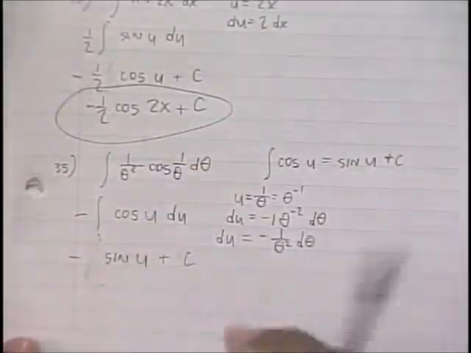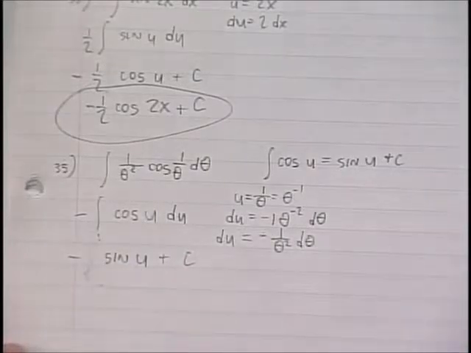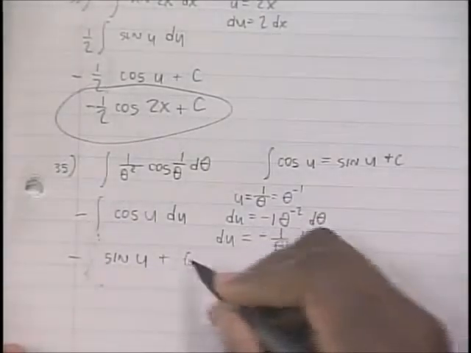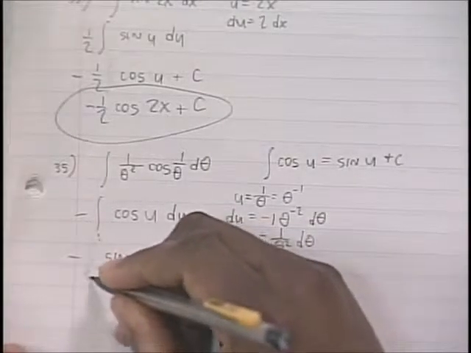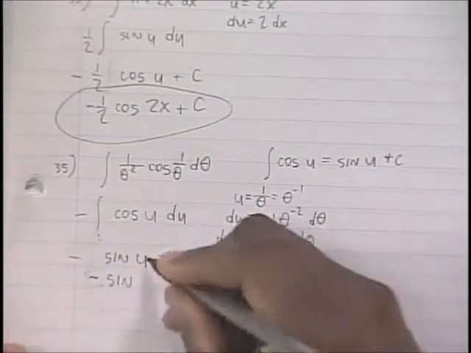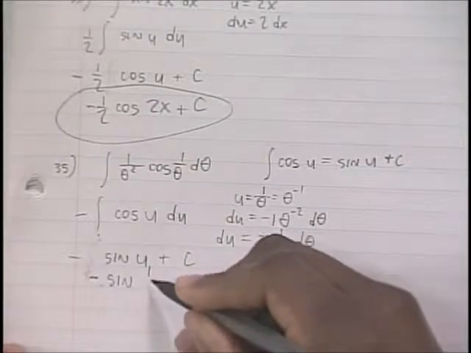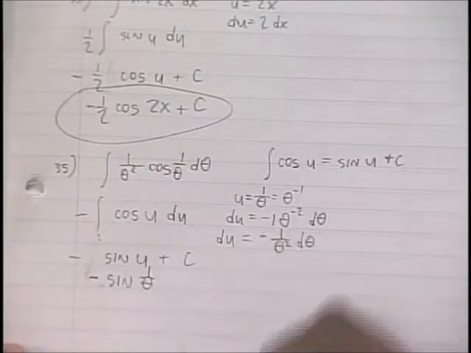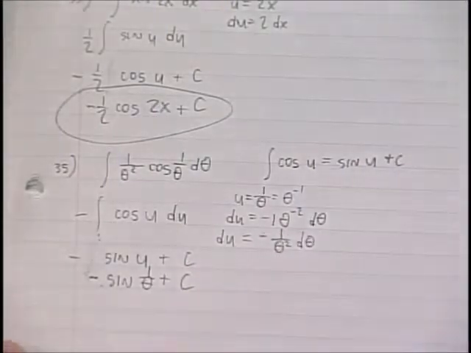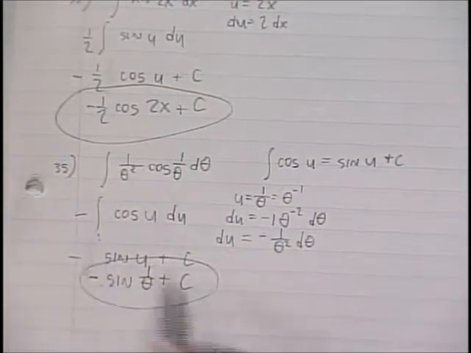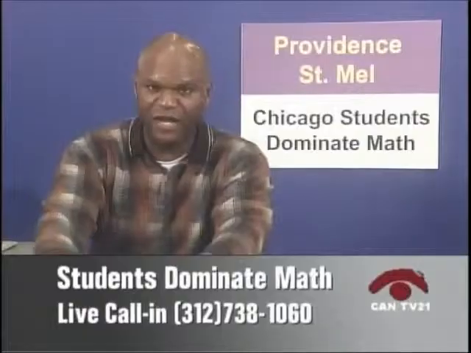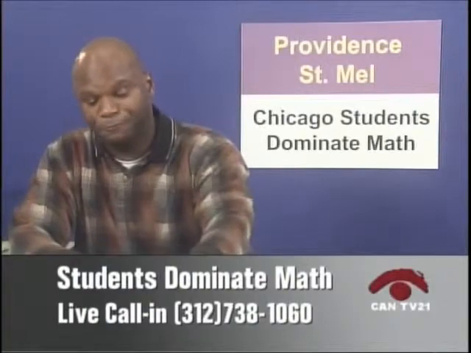So now we have a negative sine of u plus c, where u was 1 over theta. And that's our final answer. That's where you would stop.